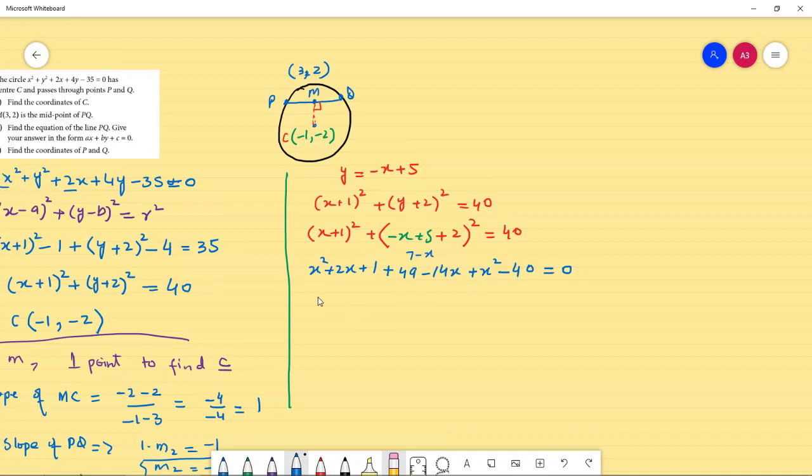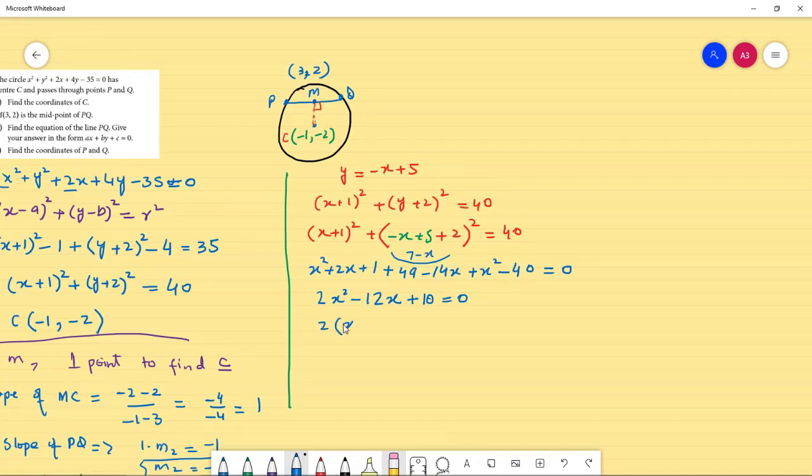So x² + x² is 2x², plus 2x minus 14x is -12x, plus 1 plus 49 is 50, and minus 40 would become plus 10, equal to 0.